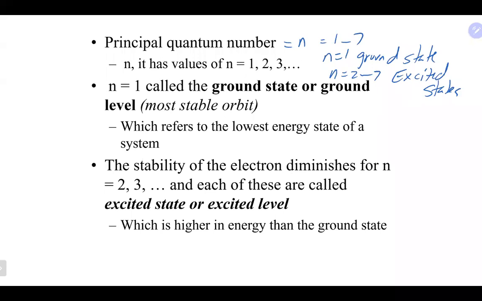Yeah, it would be the lowest energy level. In the case of Bohr, it would be like the first little orbit right around the nucleus. n equals 2 would be the next one, then the third one. Even though, again, they don't really work in orbits.